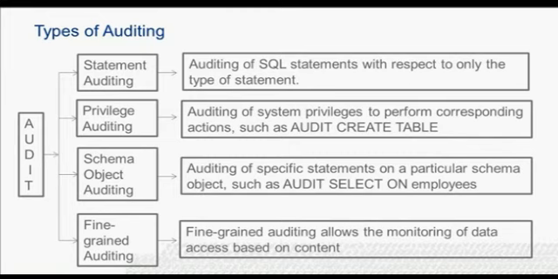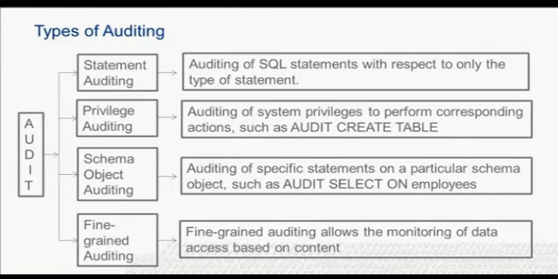Types of auditing. Statement auditing: auditing of SQL statements with respect to only the type of statement. For example, audit table tracks several detailed statements regardless of the table on which they are issued. You can set statement auditing to audit a selected user or every user in the database.